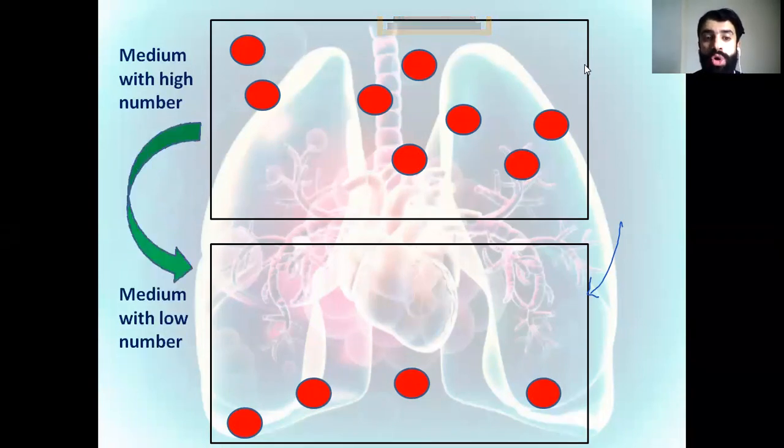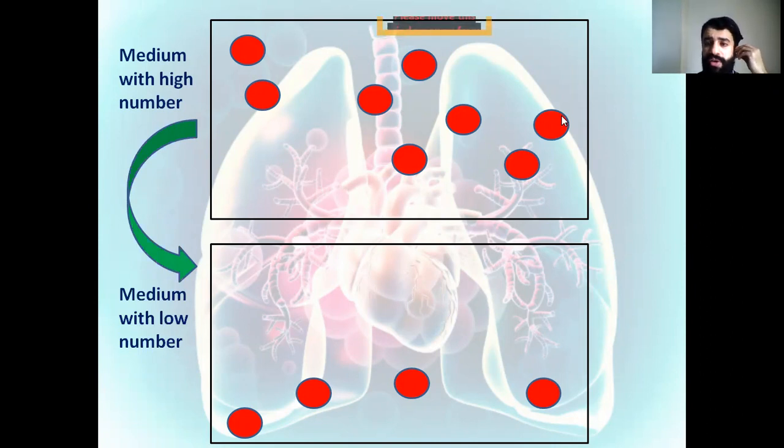And this is called diffusion. So diffusion, I will repeat, is the movement of particles of a substance from a medium of high concentration or high number to a medium containing low concentration or low number of this substance.